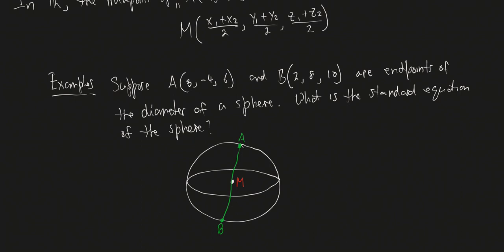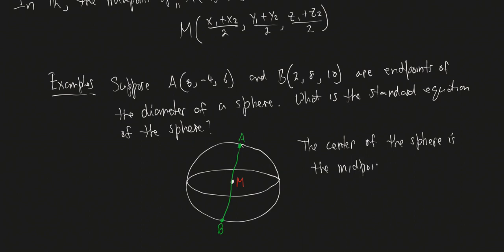So let's write that down. Write a little statement and then do a little calculation. So the center of the sphere, right, is in fact the midpoint of the diameter.